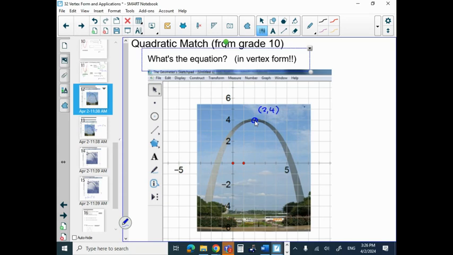From that, we should be able to put it into the equation format. Think of the equation format as having numbers here, here, and here that we can just put numbers into, right? So to the right 2 is going to be a negative 2, so we're going to have an x minus 2.